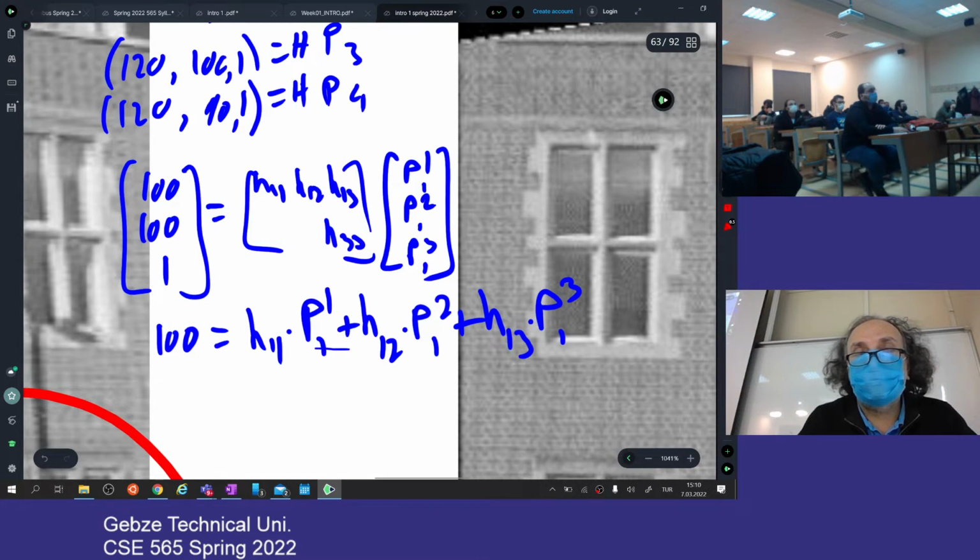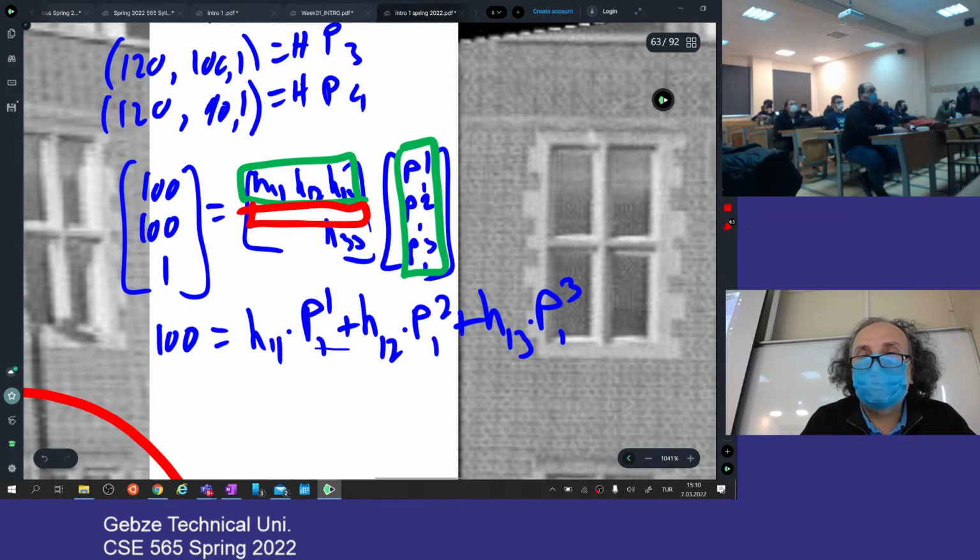Multiply this line with this vector here. I get one equation. For the second equation, I am going to multiply this one with this again, and for the third one, I am going to multiply this with that one.